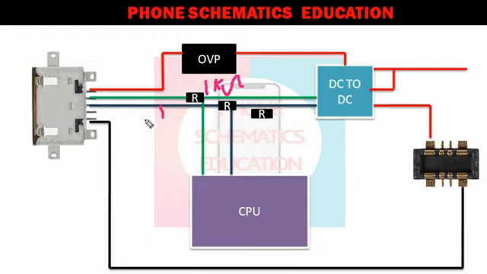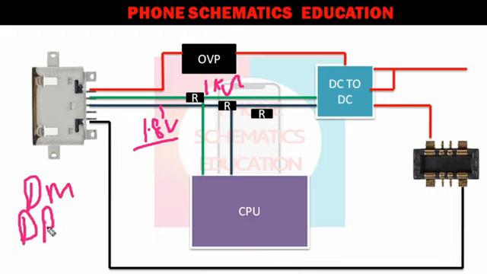On both of these lines you will get 1.8 volt. How do these lines work? What are the functions? These lines are called DM and DP, data minus and data positive.